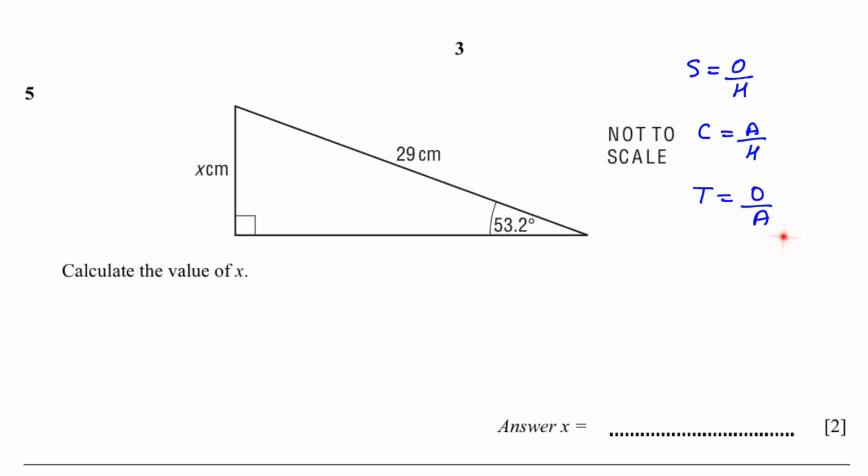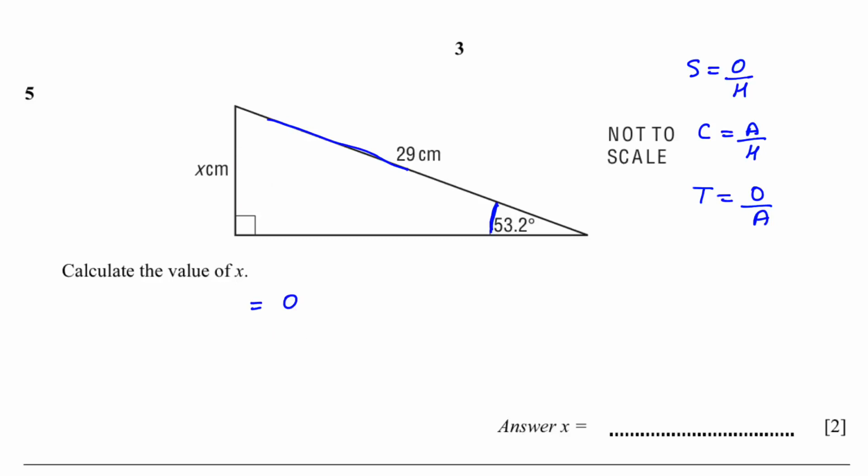to opposite over adjacent. In this question, we have been given the angle and the side opposite the right angle. The side opposite the right angle is your hypotenuse. So hypotenuse and the angle has been given to us, and we need to find x. X is opposite the angle.